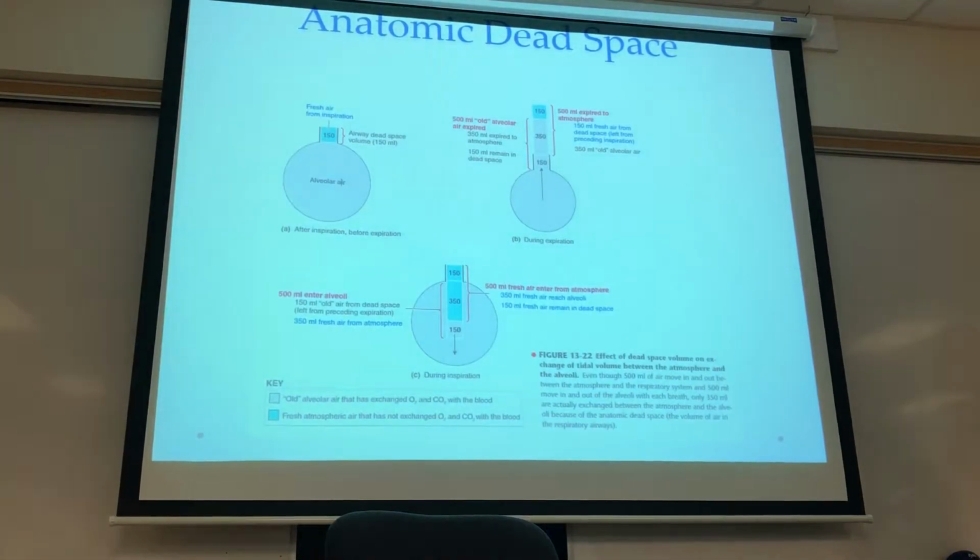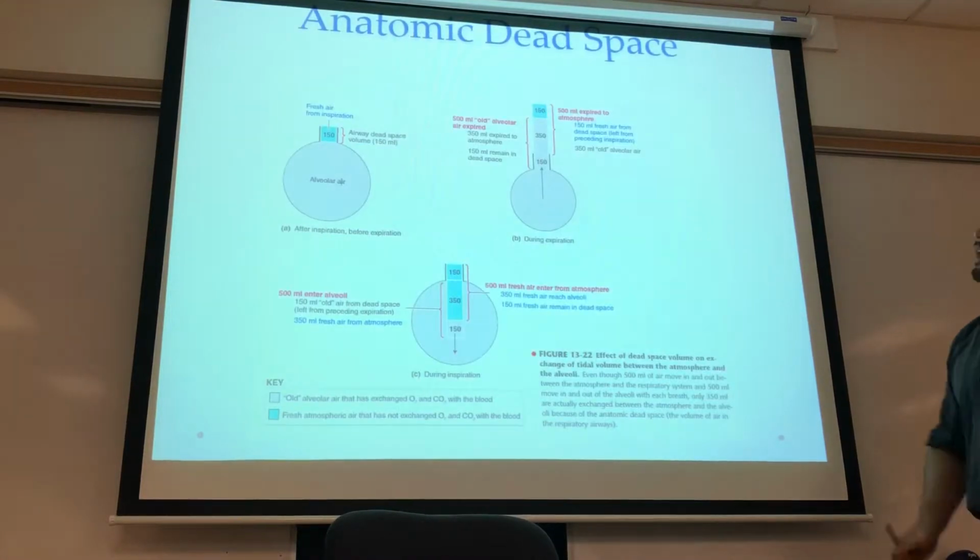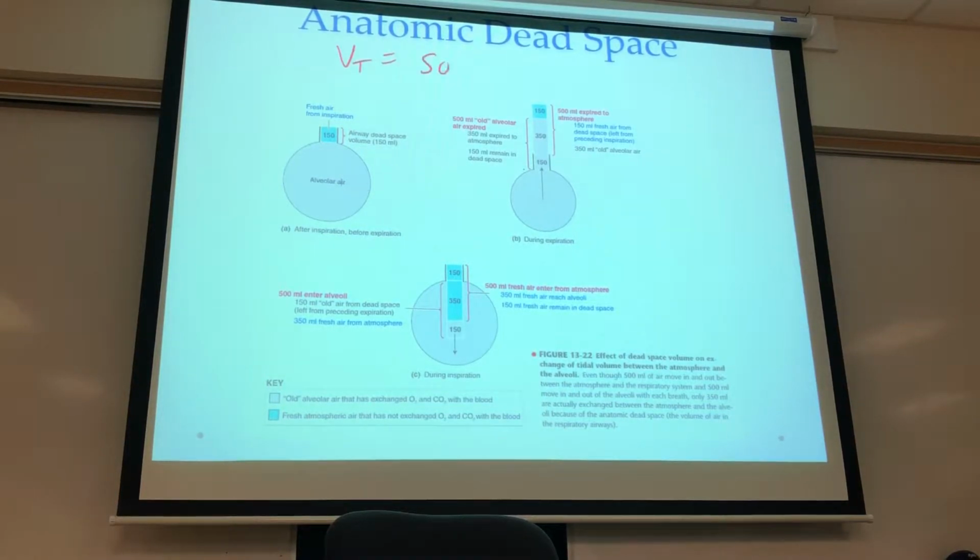So the other concept, anatomic dead space. I'm going to go back to this example that I was drawing out earlier, the column of air that's moving into the lungs. Our anatomic dead space, what actually happens during normal breathing? Again, we're going to assume tidal volume, VT, to be 500 milliliters of air. That's normal breathing, 500 milliliters of air moving in or out.